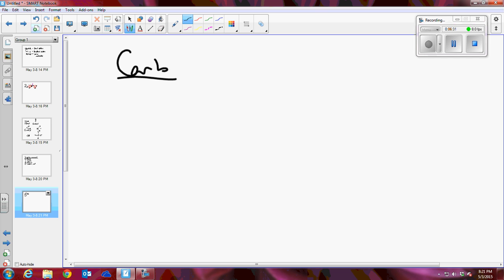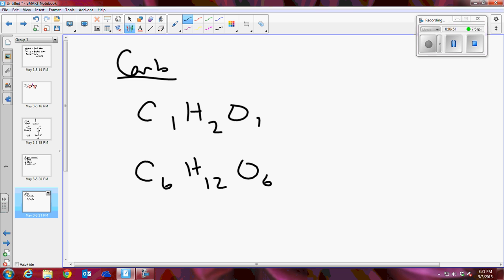So, carbohydrates, this is molecules that contain carbon, hydrogen, and oxygen, usually in a particular ratio, a 1:2:1 ratio. So something like glucose, for instance, C6H12O6, most of the time going to have that ratio.